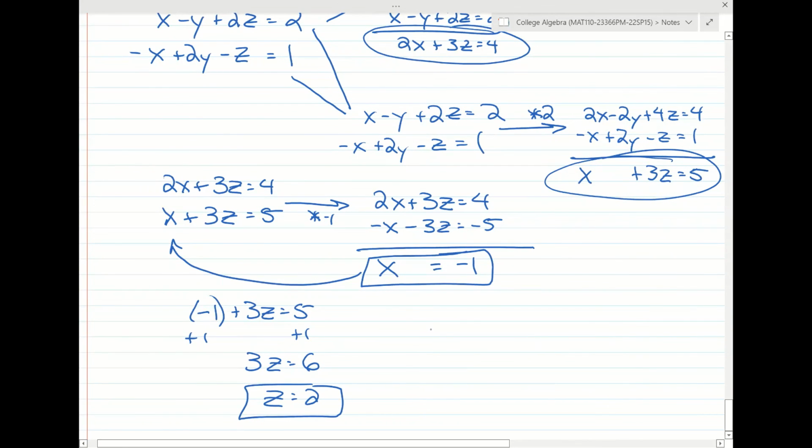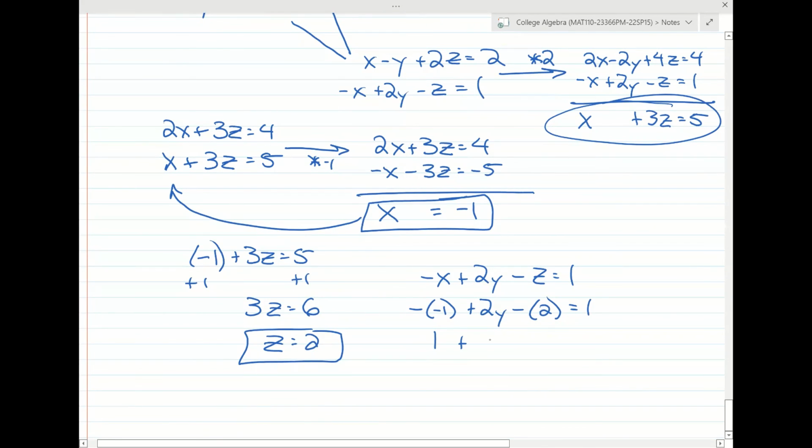So I'm just going to pull one of the equations from the original. Negative x plus 2y minus z is equal to 1. So if we plug in negative 1 for x, remember we should use parentheses because it's negative x. So negative negative 1 plus 2y minus z equals 1. And we just want to solve this for y.